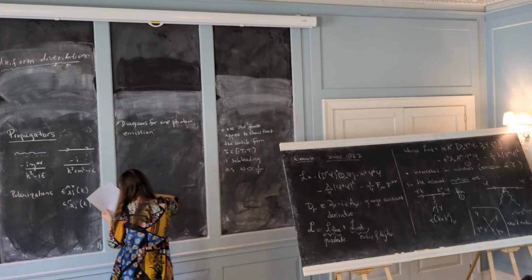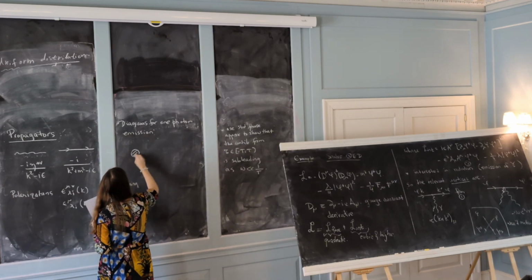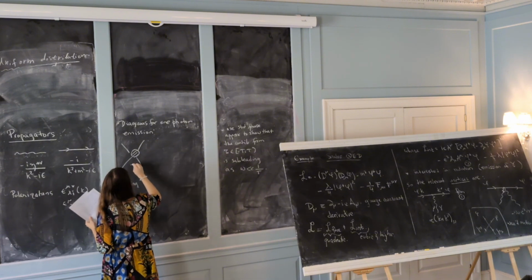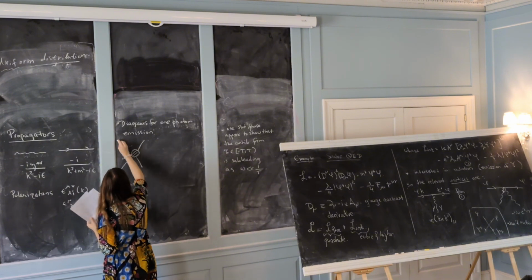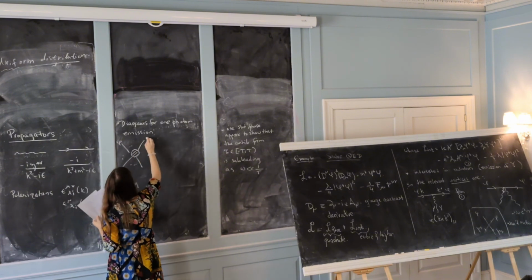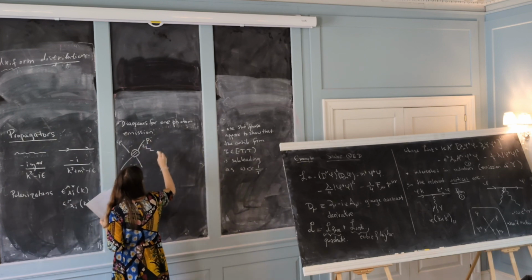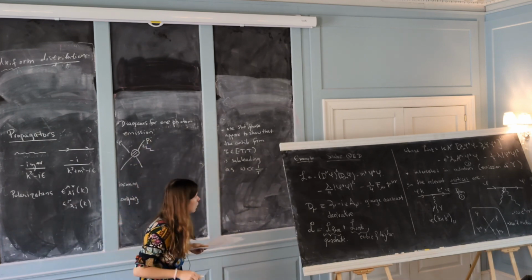So there are several classes of diagrams that we can consider. The simplest ones are these, where we have an arbitrary number of scalar particles, and then the photon is emitted from some line.